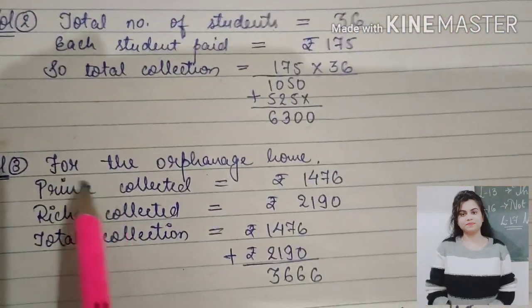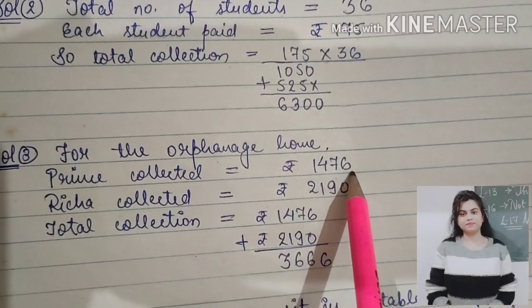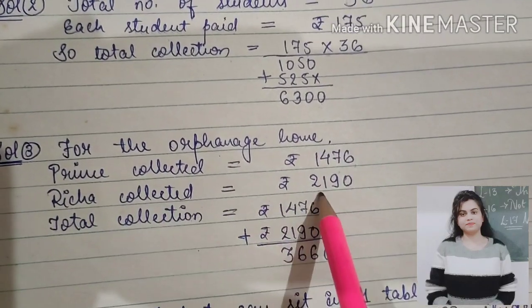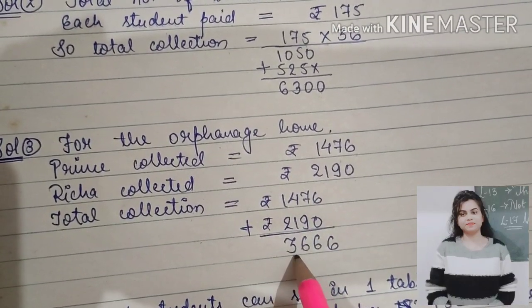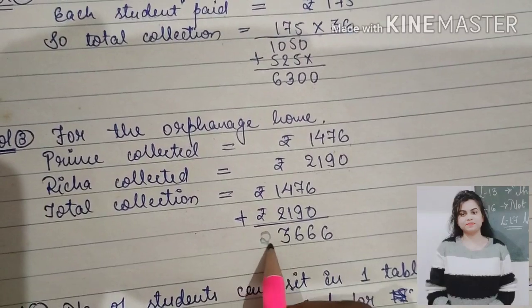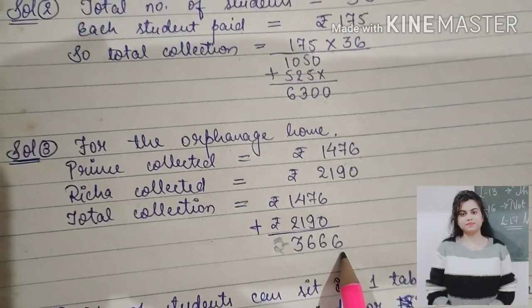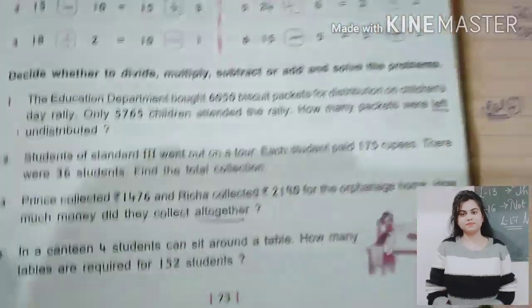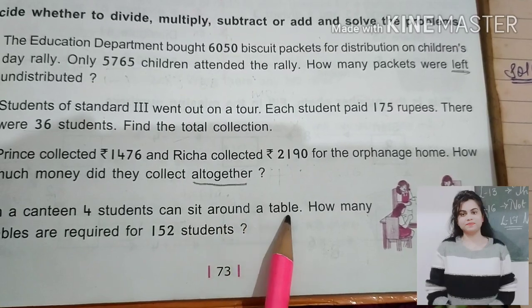So, what you will write first? For the orphanage home, Prince collected 1,476 rupees and Richa collected 2,190 rupees. Total collection will be, add the two numbers, you will get rupees 3,666.